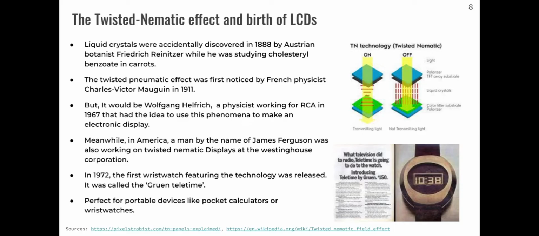Unlike other displays which could require 40 volts or more to run, this twisted nematic display method used hardly any power and made them perfect for portable devices like pocket calculators or wristwatches, and as we'll soon see, modern LCDs.